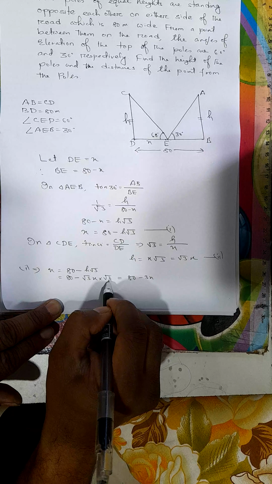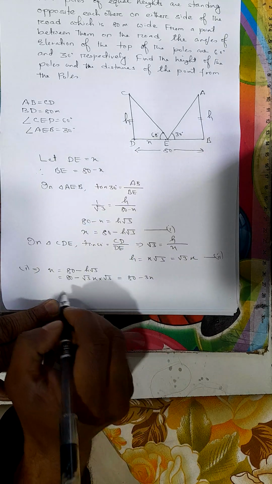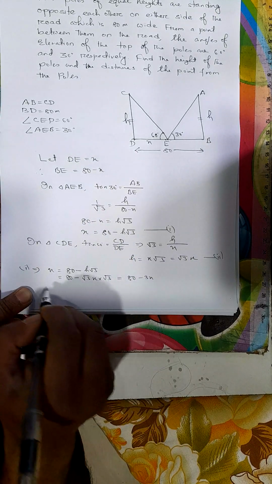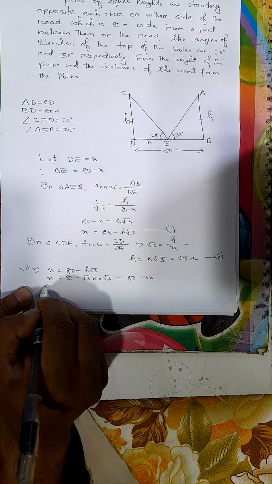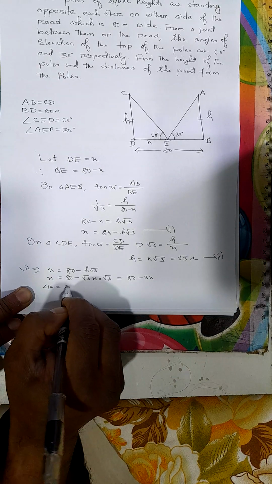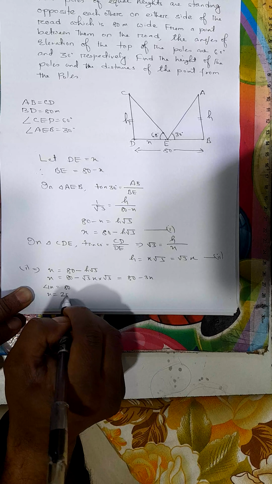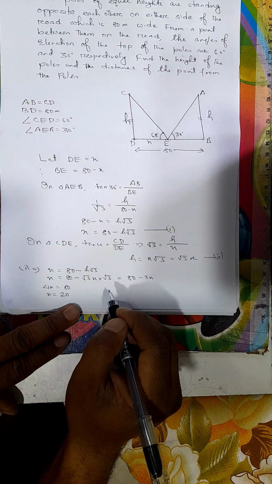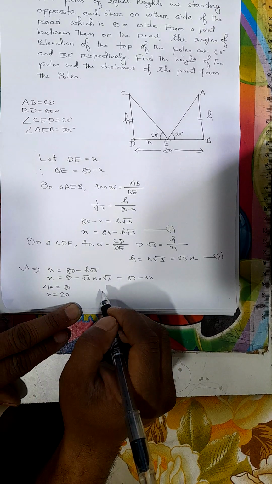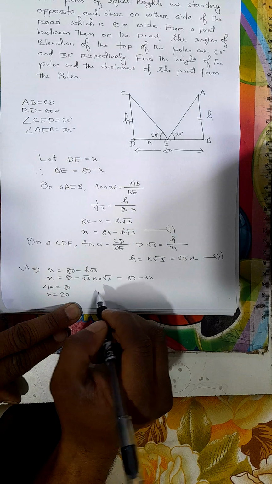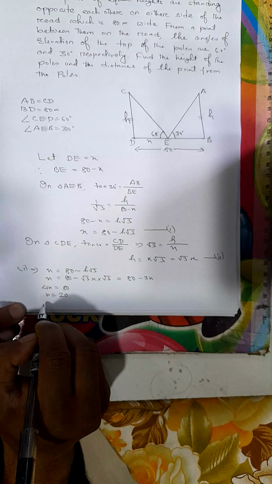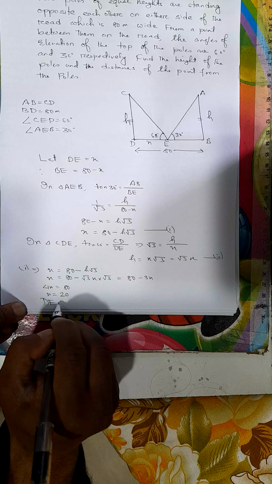Square root of 3 multiplied by square root of 3, that is 3. Now you can solve this equation. You find that 4x equal to 80, x equal to 20, right? So x equal to 20, DE equal to 20, so that is DE equal to 20 meter.